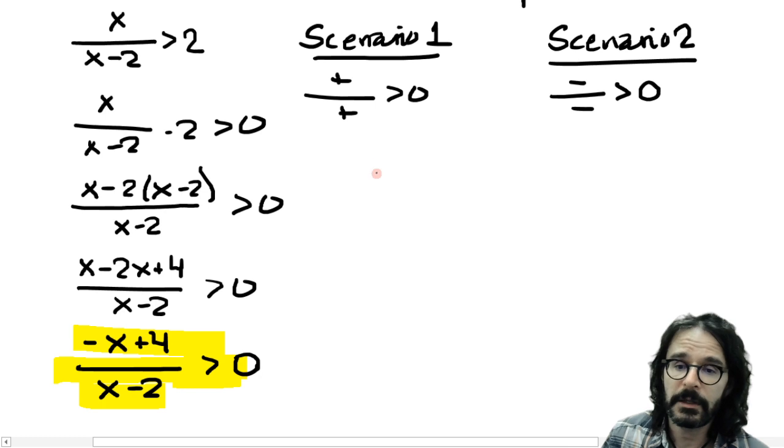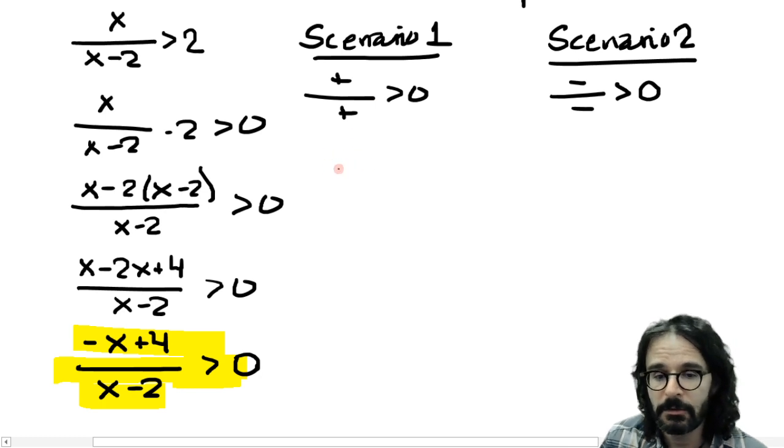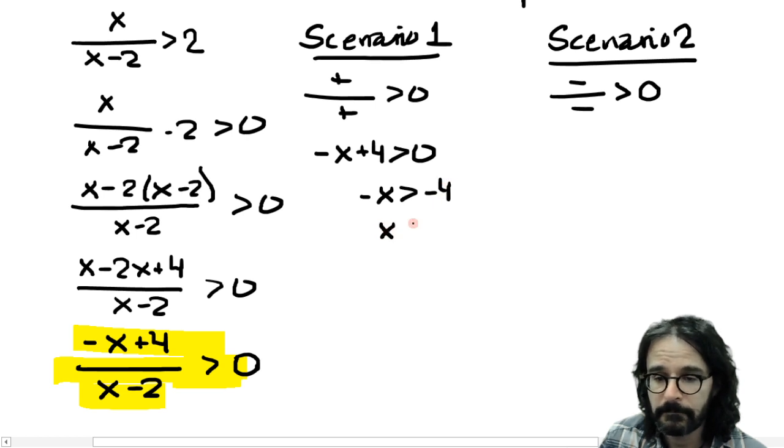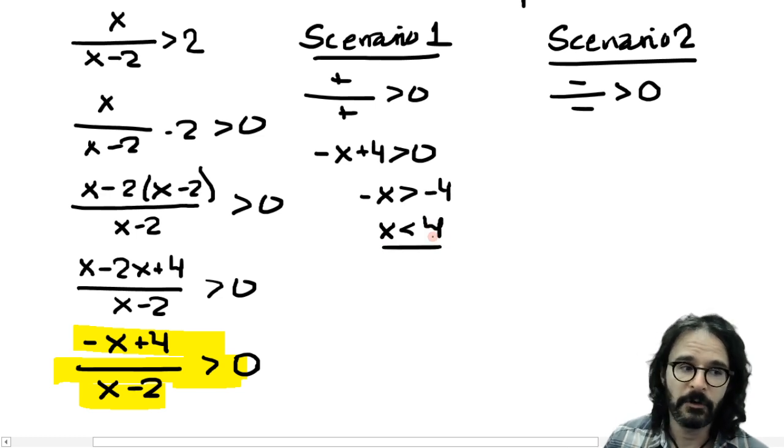Let's start with scenario 1. Here we're saying that the numerator is positive, so negative x plus 4 is positive. Subtract 4 from both sides. Divide by negative 1 and reverse the inequality, so x is less than 4.